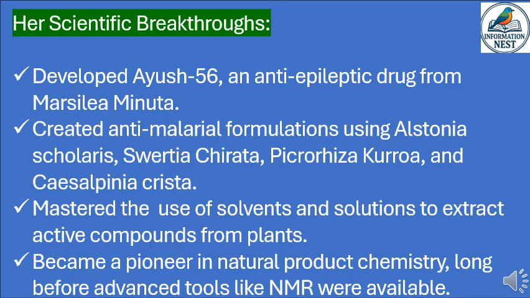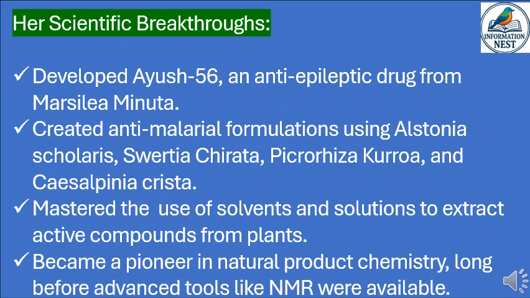Let's take a moment to celebrate the brilliance of Dr. Asima Chatterjee, a scientist who turned India's traditional plant wisdom into modern medicine, long before high-tech labs and fancy machines. Her breakthroughs were groundbreaking. She developed Ayush 56, an anti-epileptic drug from a humble aquatic plant called Marsilea minuta.